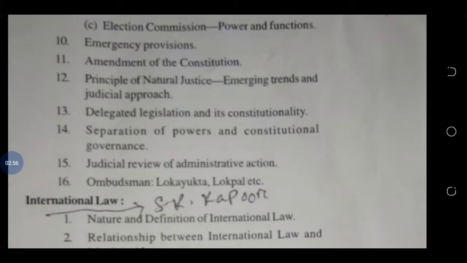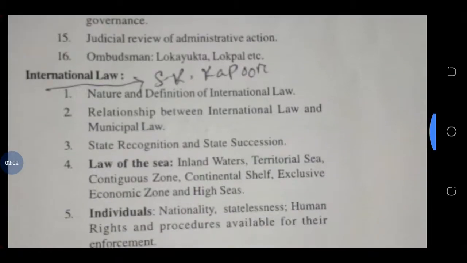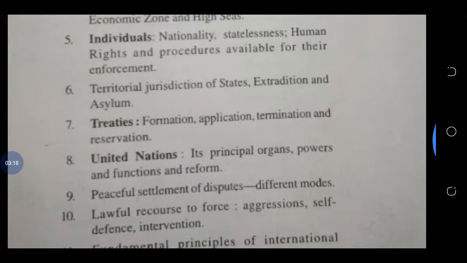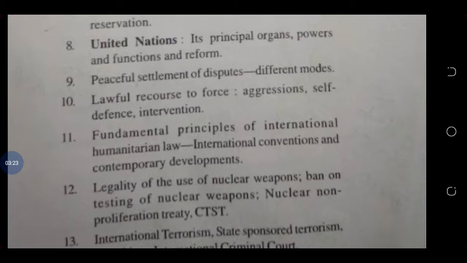In paper 1 you also have to read international law. For international law the syllabus is nature and definition of international law, relationship between international law and municipal law, state recognition and state succession, law of the sea, individuals, territorial jurisdiction of states, treaties, United Nations, peaceful settlement of disputes, lawful resort to force, fundamental principles of international humanitarian law, legality of the use of nuclear weapons.